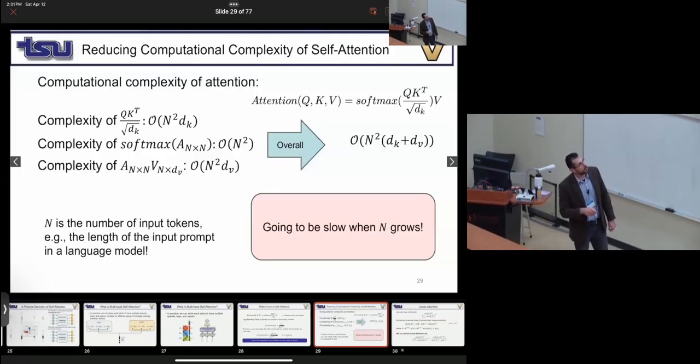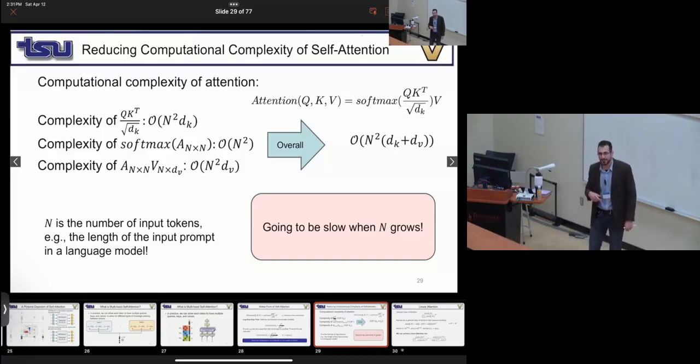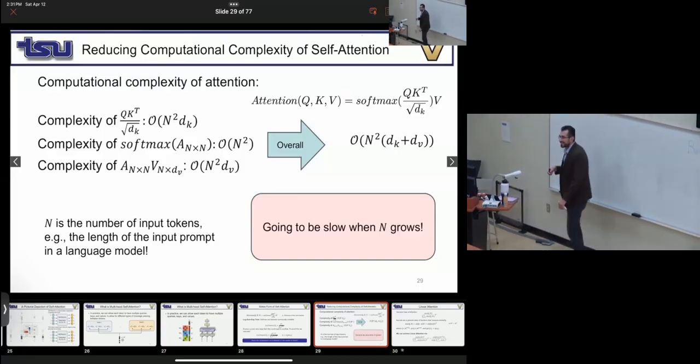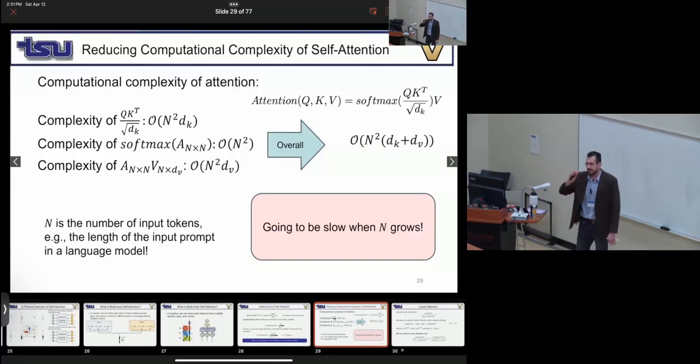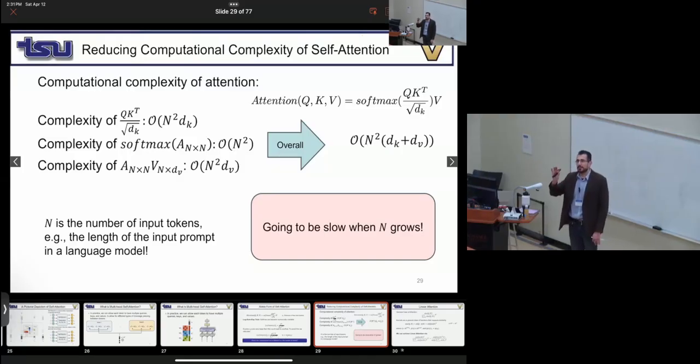This is just saying the order of computations that I have. This is an O, called order of computations. This is n squared d_k. Correct. Sorry. Yeah, sure, you can. The reason I am using this is because I'm really not talking about formal computational complexity.